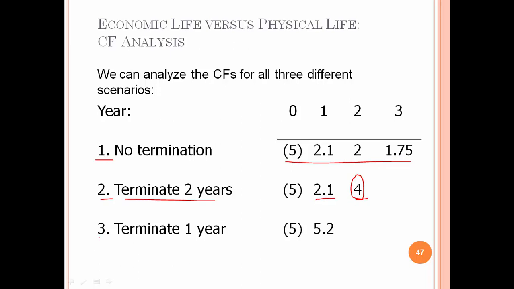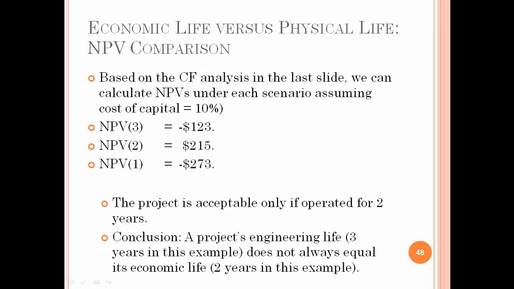And if we terminate after just 1 year, then we receive some cash flows from the project, and we also receive some money from selling the equipment by the end of year 1. The total is 5.2. Now we can calculate the NPV under each scenario, assuming a 10% cost of capital.